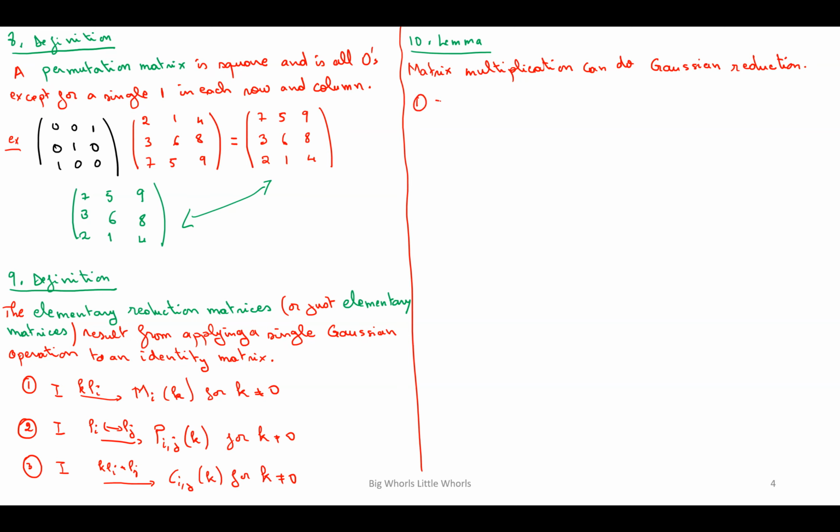So if we have a matrix H, and we multiply row i by k, we will get a new matrix G. Then the matrix Mi(k) that we have just seen, multiplied by H, is going to be equal to G. Don't worry, I will show you shortly in the tutorial.